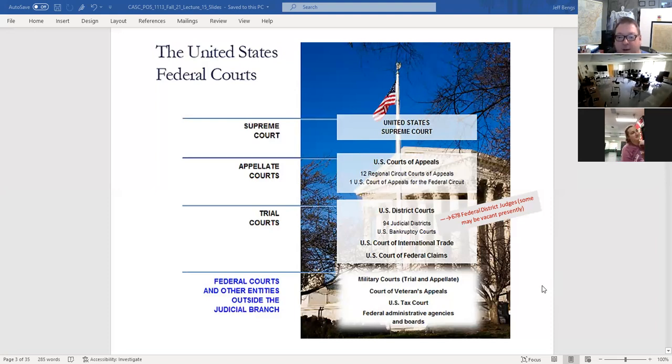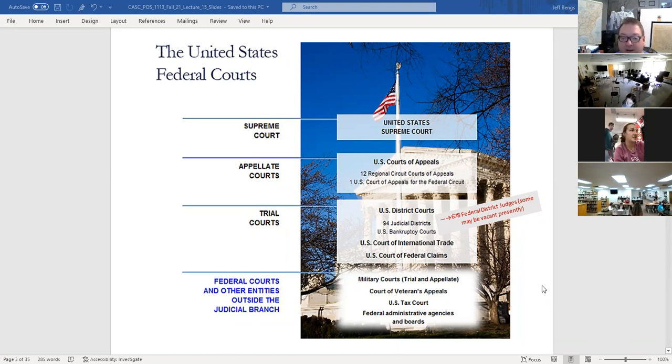Can somebody tell me how many justices are on this court? Anybody know how many Supreme Court justices there are? Oh, you're actually getting here then? 9. 9, very good. Welcome back, Panama.